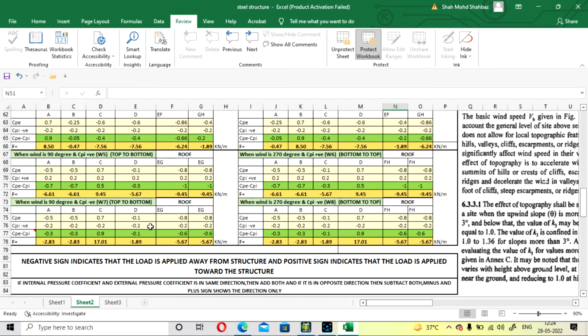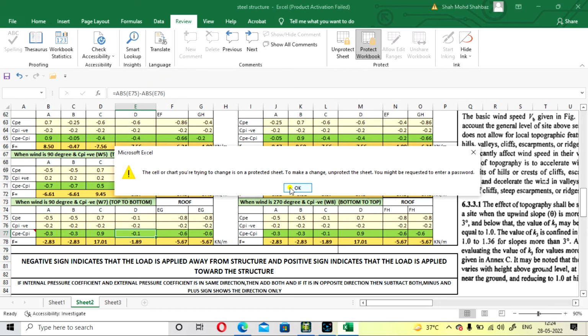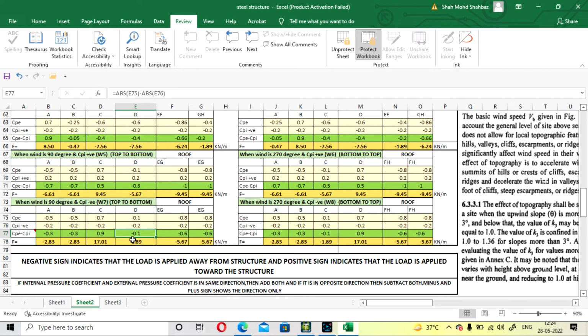So what will happen? Here our CPI is greater, so we have to subtract CPI minus CPE. Here we have done ABS E75 minus ABS E76. That means your 0.2 minus 0.1, it is coming as 0.1.